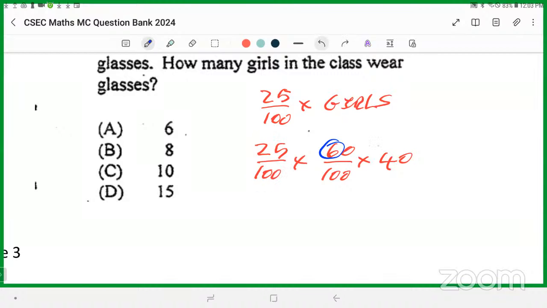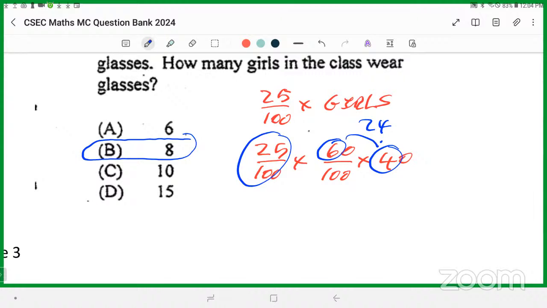Right? 25% is a quarter. Oh, it's a quarter. A quarter of 24 is 6, not 8. A third of 24 is 8.